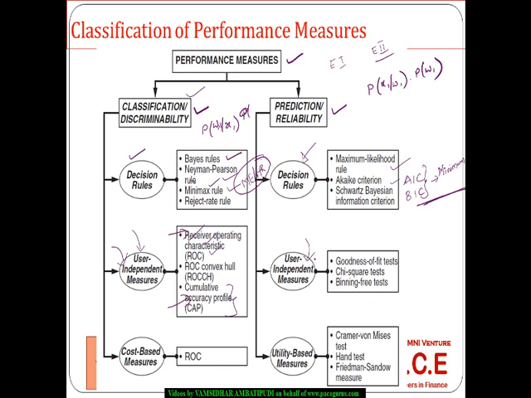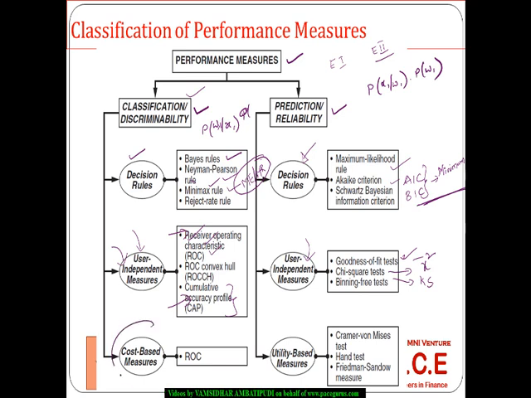Similarly, I can take the help of goodness of fit tests, where we are comparing the actuals with the predicted, depending heavily on the chi-square test, or even going with the Kolmogorov-Smirnov kind of test.